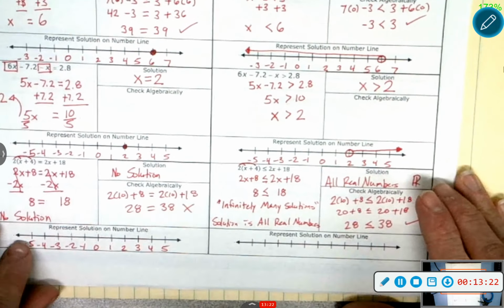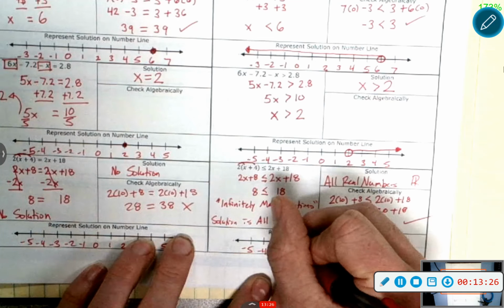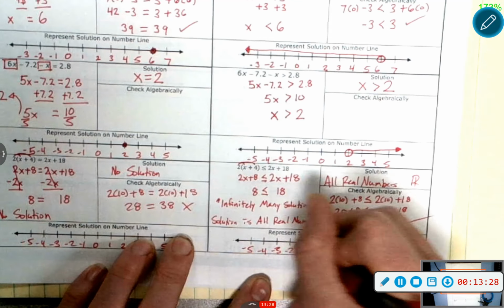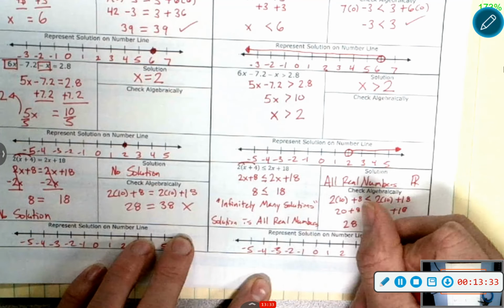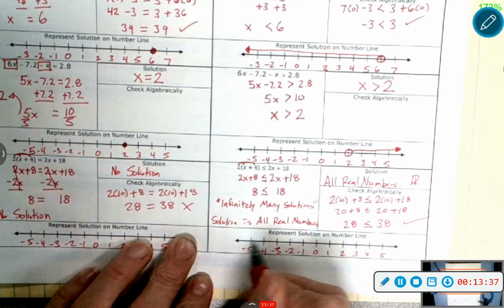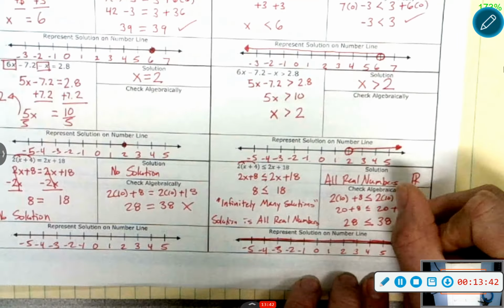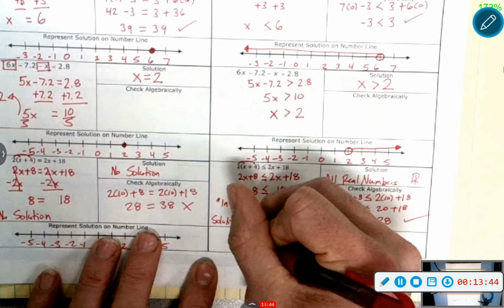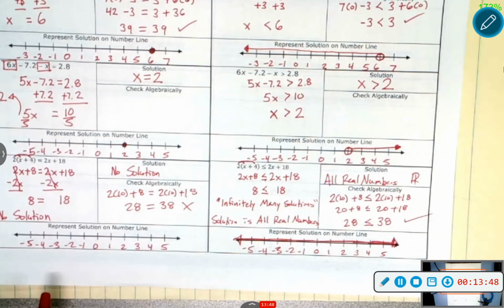Conversely, with the inequality, if I were to try to represent all real numbers on the number line, that would be a completely filled in number line because any number on the number line can be plugged into this inequality and make it true. So I'm just going to color the number line to indicate that my solutions are all of the numbers from negative infinity to positive infinity that are valid solutions for that inequality.